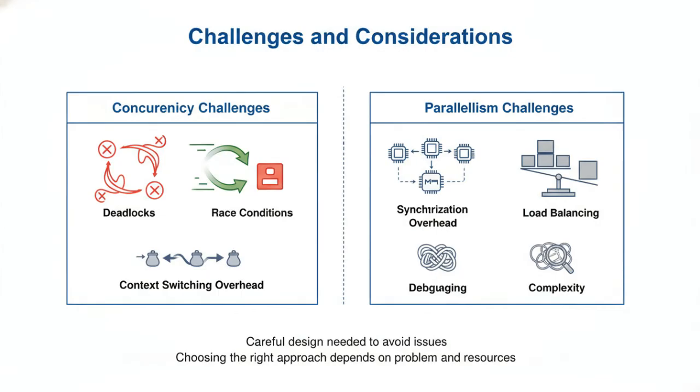For parallel systems, ensuring proper synchronization between tasks and managing load balancing to distribute work evenly across processing units can be complex. Debugging parallel programs is notoriously difficult due to non-deterministic execution. The choice between emphasizing concurrency or parallelism and how to implement them largely depends on the specific problem you're trying to solve, the available resources, and the desired performance characteristics.